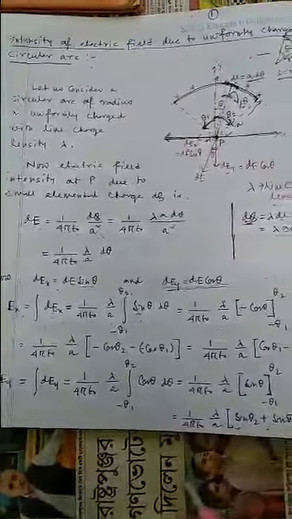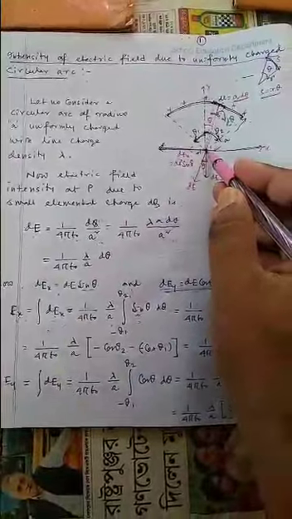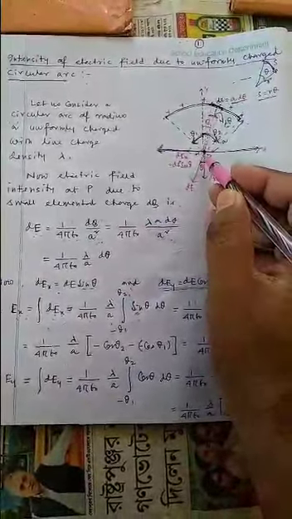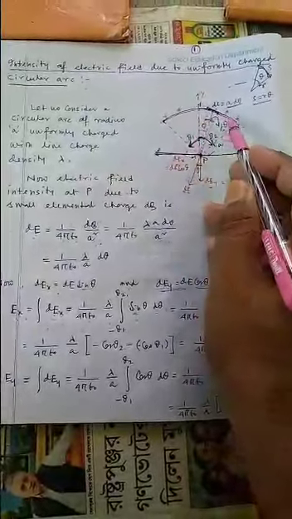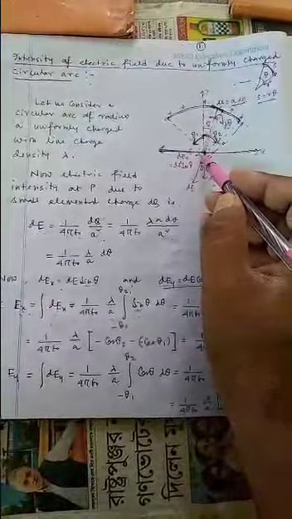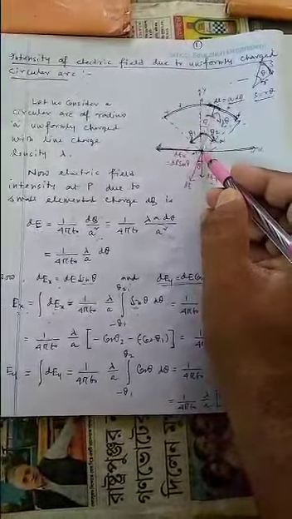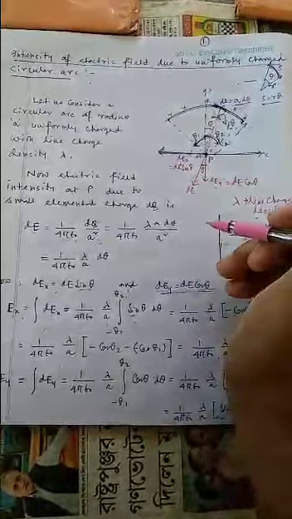Now I resolve, and here is the direction of the intensity of electric field. This is a positive charge distribution, and this is a unit positive charge, so the direction should be like that.